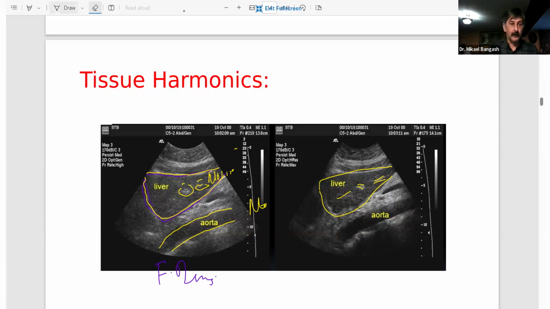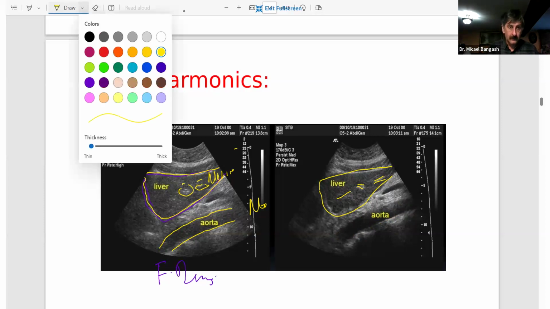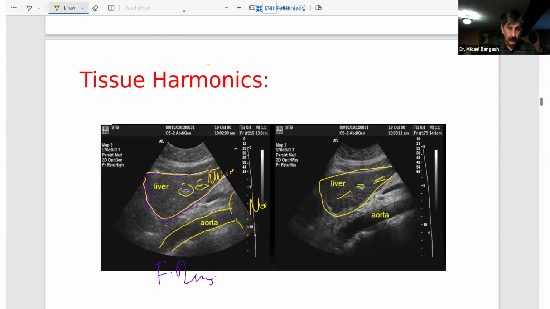If you look here, guys, all this area here, you're not able to see the outline of the aorta, which you are still able to see over here. Did that make sense? So what does that tell us? That it's mainly at this depth here, at this area here, that we had the harmonics.